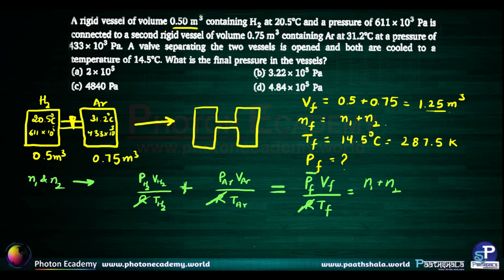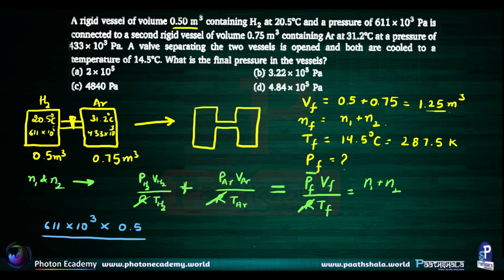PH2 is 611 into 10 to the power 3, into VH2 is 0.5, divided by TH2, which is 20.5 degrees Celsius. What would it be in Kelvin? 273 plus 20.5 comes out to be 293.5.